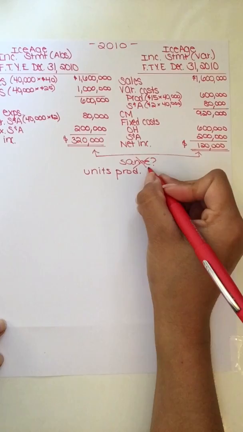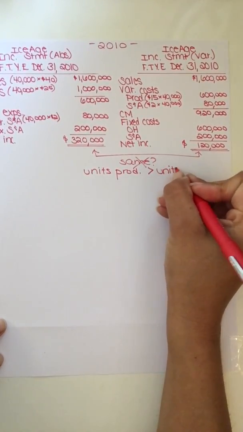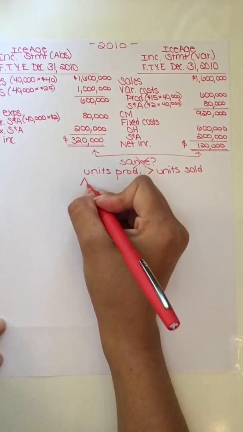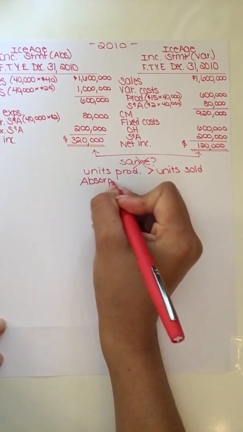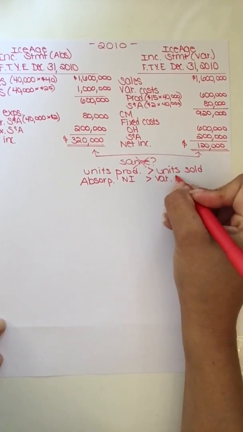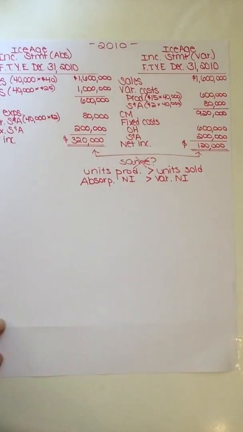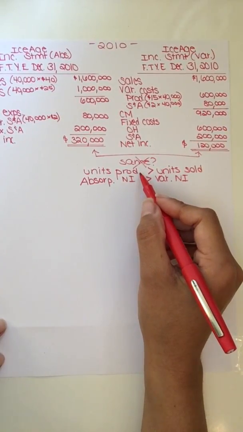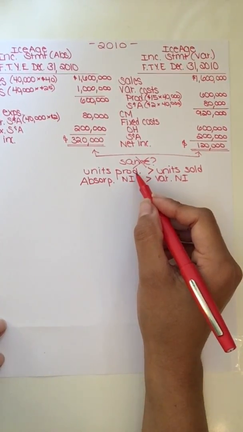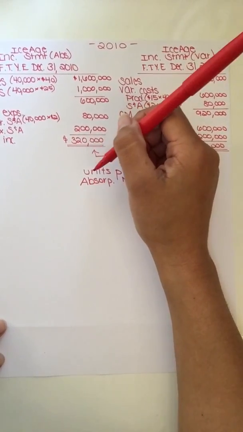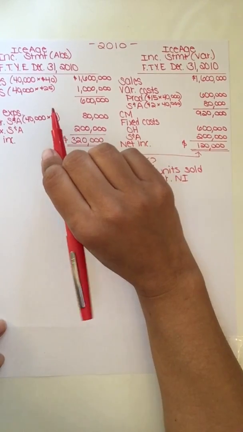If units produced are greater than units sold, absorption net income will always be higher than variable net income. Always. Why? Because you have extra units that were not sold. They're sitting on the balance sheet. Therefore, that cost is on the balance sheet. That means fewer costs are coming through. Fewer costs, higher net income.